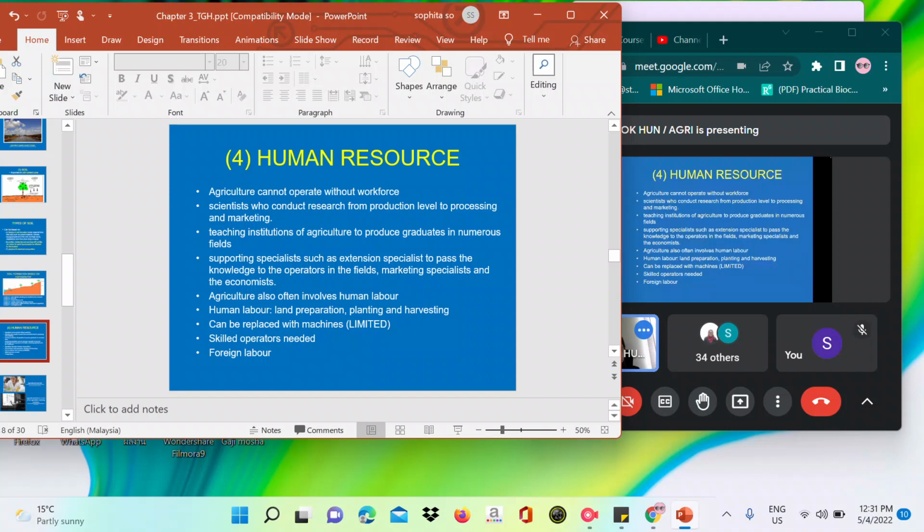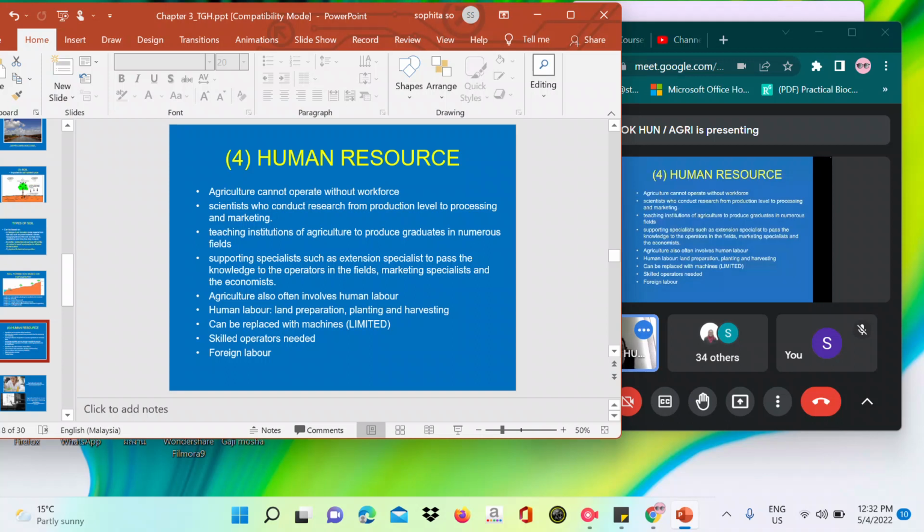Then after that, watering, harvesting, and then processing and so on. So you cannot run away from human resources. There are scientists who conduct research from production levels to processing and marketing. You also need scientists to improve the breed, the clone and so on. Then after that, process the product and then marketing, also human.